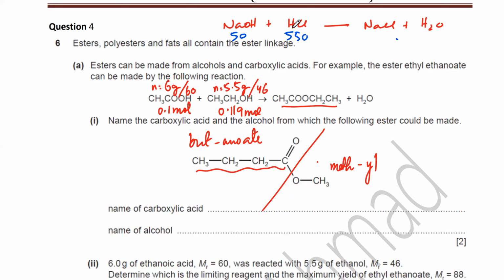अच्छा, इसका मैं कह रहा था कि अगर if I add, I mean the equation says कि it's 1:1, they react in 1:1, तो 50 को अगर मैं 550 के साथ react करूं, तो how much NaCl would be produced?